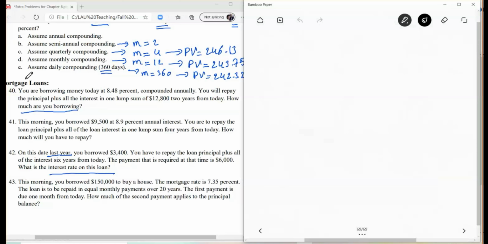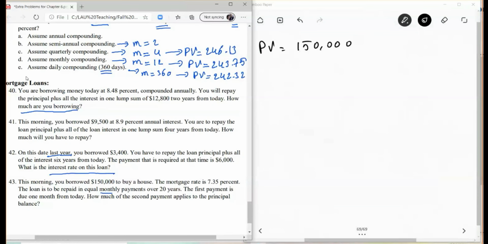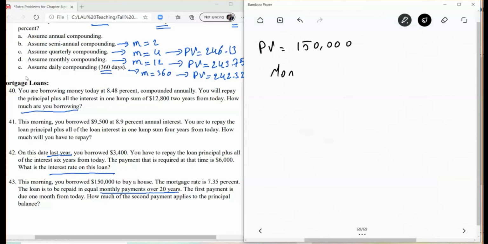This morning you borrowed $150,000 to buy a house. This is PV. The mortgage rate is 7.35%. The loan is to be repaid in monthly payments over 20 years. So mainly I need to use the monthly interest rate.